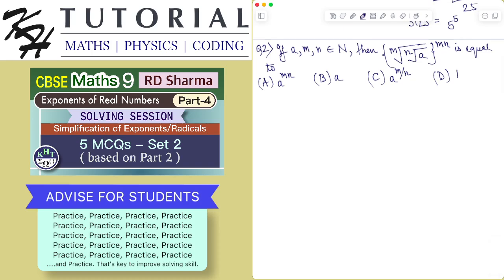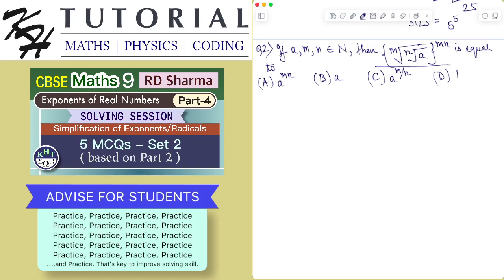If small a, small m and small n are natural numbers, that is positive integers, then what will be the simplified value of this? Okay, what is the numerical expression given? Overall, it is a mixture of exponent and radical.